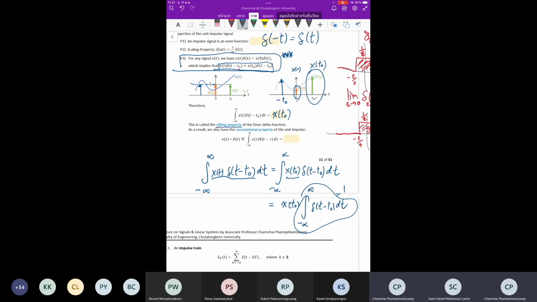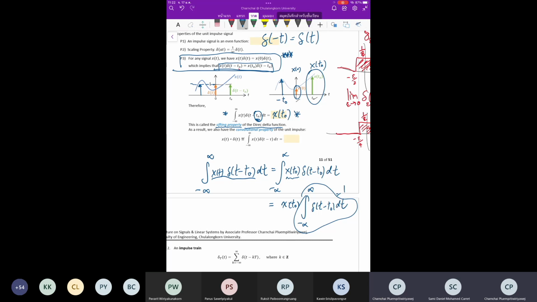This is called the shifting property of the Dirac delta function. It shifts the value of x(t) at t naught. It shifts the value of x(t) at t naught.